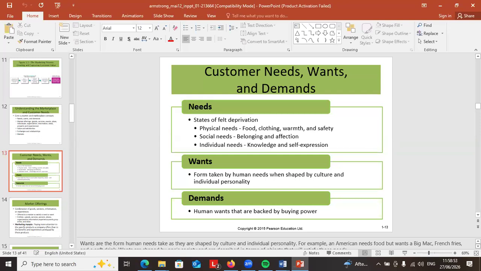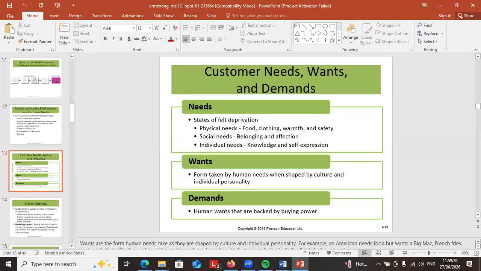Now, wants are the form human needs take as they are shaped by the culture and individual personality, right? For example, somebody in this class may want a phone, but based on his or her own individual personality and culture, that student may want to have an iPhone.